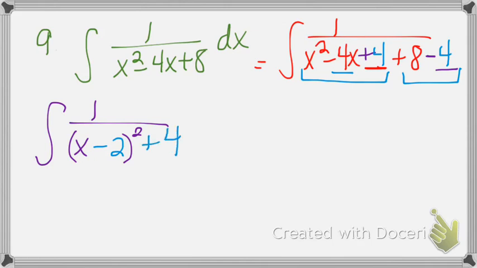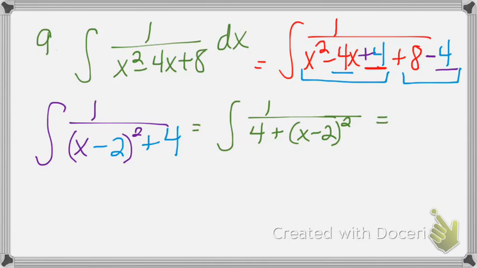Now, it kind of looks like an arctan problem. If you want to rewrite it, you can. And now, this is where we have to make that 4 look like a 1. So I factor out a 4.